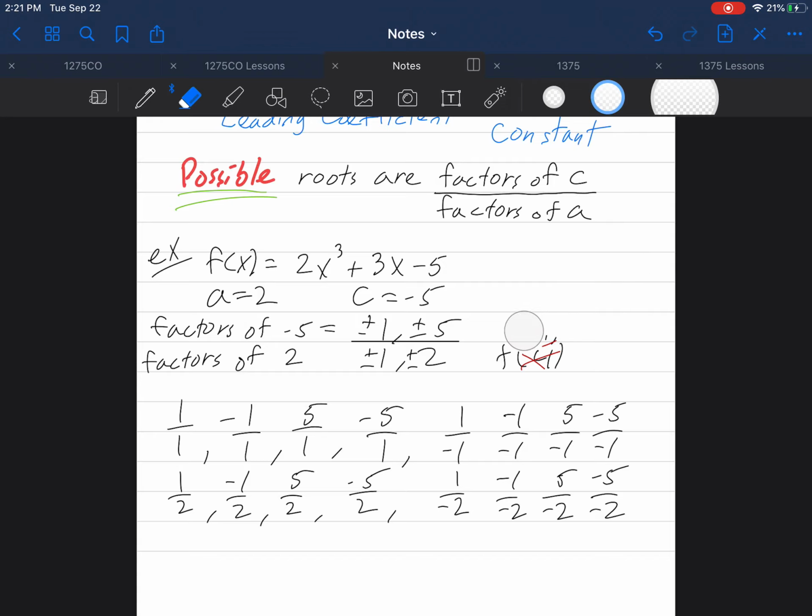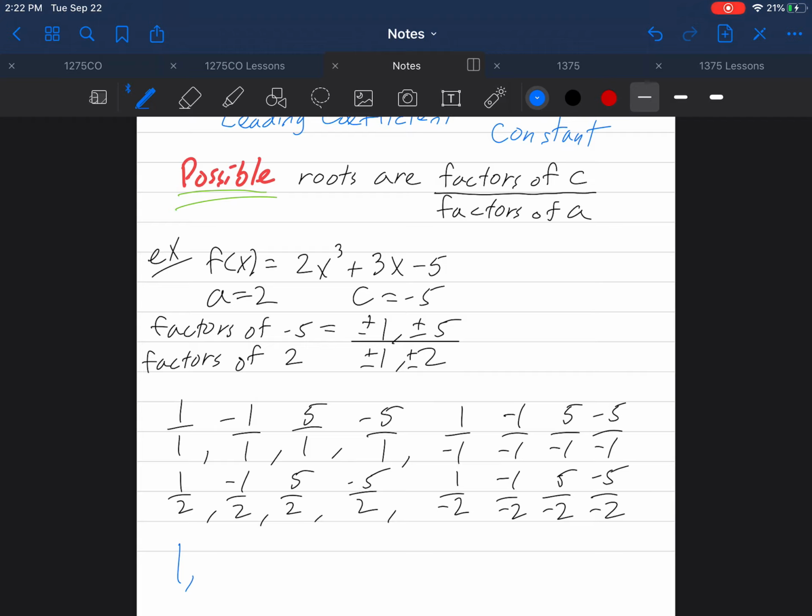Do we actually have 16 different numbers over here? Right, the first number we have is a 1. That's right there. I'll write this in blue. Right, that's a unique number, 1. Over here, -1, 5, and -5, right?